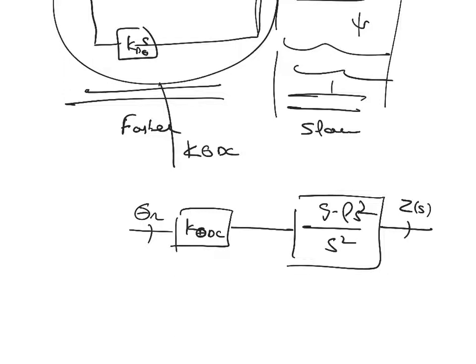This whole first PID loop between theta and F is much faster, operating at a much higher frequency, and the other is operating at a lower frequency. So when dealing with this, you can approximate the whole thing by saying, immediately, you give a theta reference, the output is K theta DC multiplied by theta reference. So that's immediate, yes?